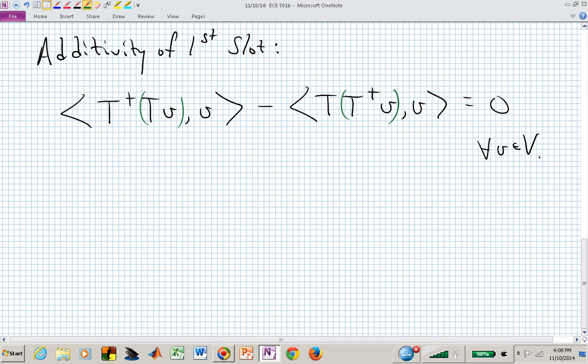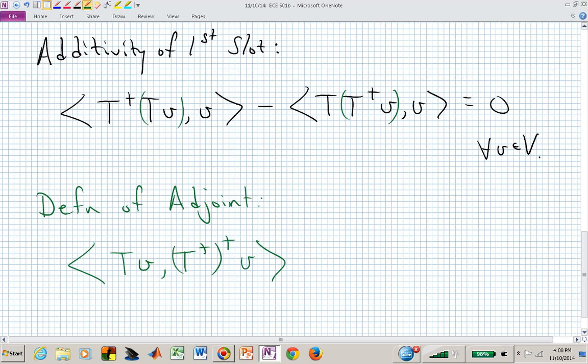Meaning, if we look at this, by the definition of the adjoint, we now have TV, T dagger, well, we need to take the adjoint of that times V.